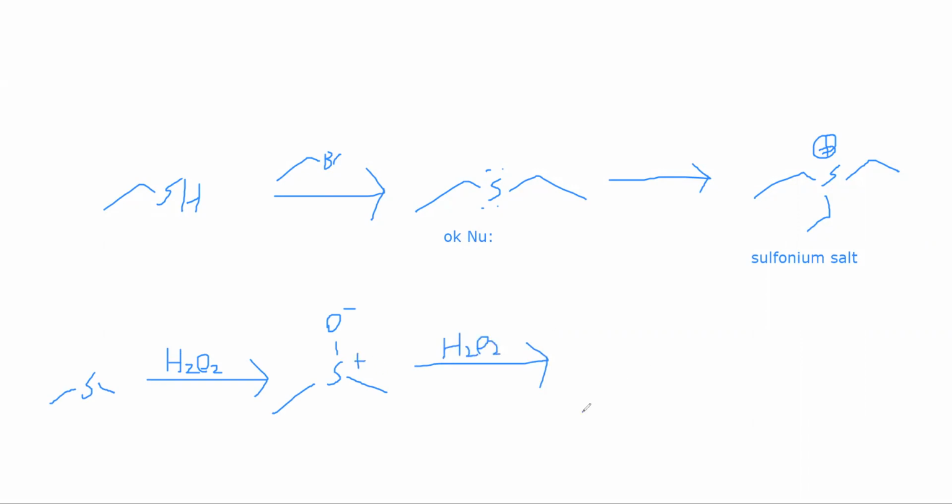There's a positive charge here. That'll put another oxygen on it to oxidize it further. So this first one is called a sulfoxide, and this last product is called a sulfone. So that's oxidizing a sulfide bond.